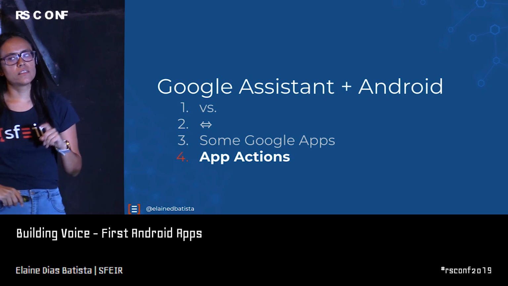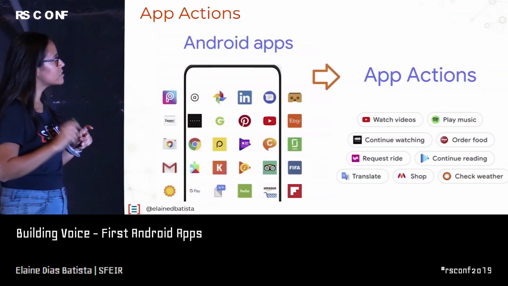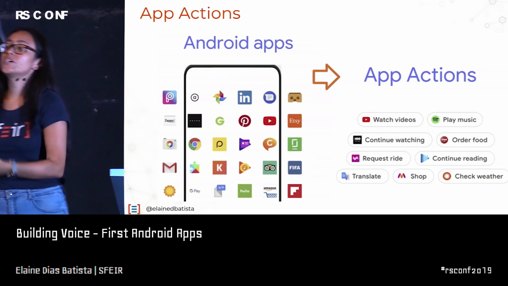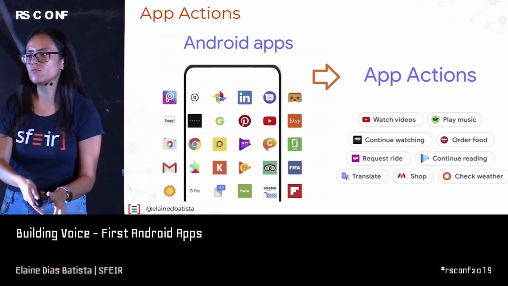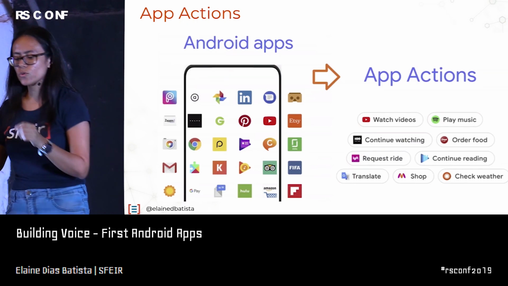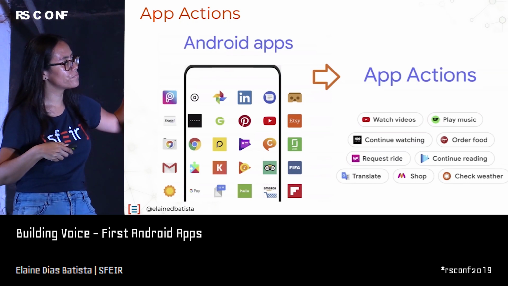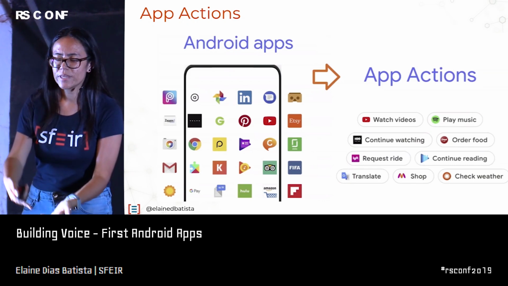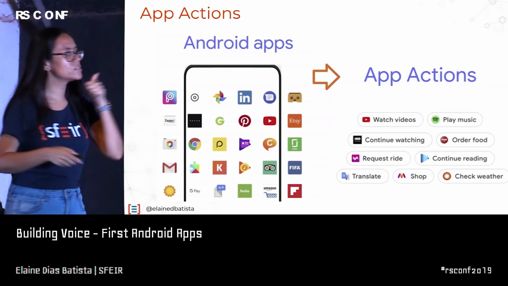And then the last thing that I wanted to talk about is app actions. So app actions are this integration that we all want, integration with the Google Assistant and with Android. If you integrate with app actions, you basically voice enable your Android app through the Google Assistant. So this is pretty cool.